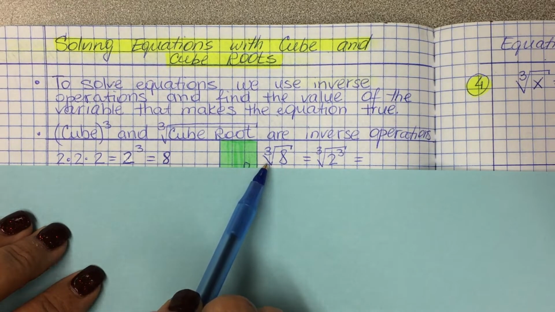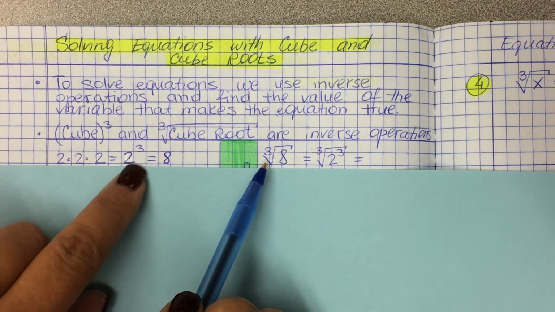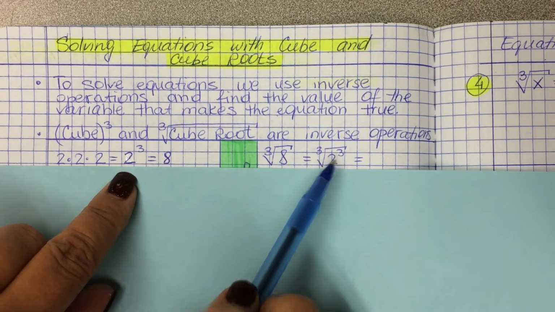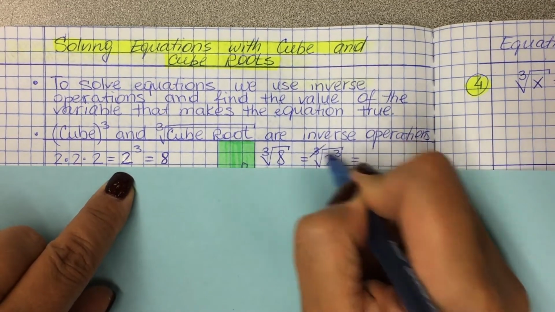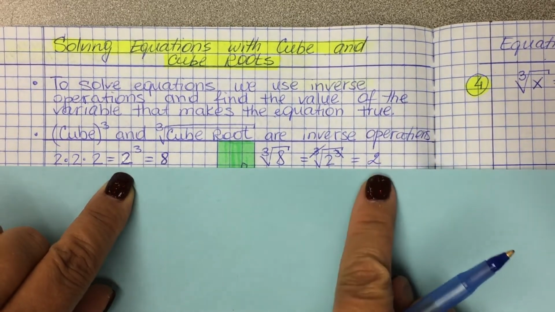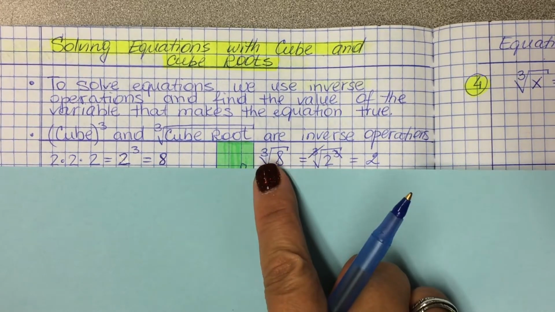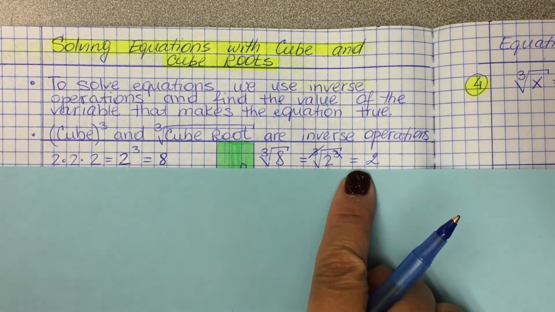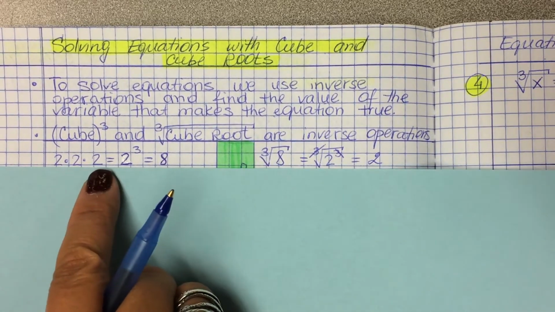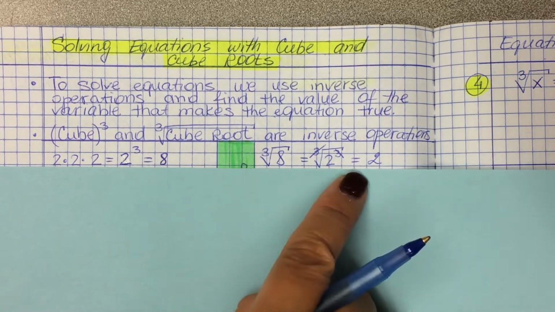So the cube root of 8 can be written as the cube root of 2 cubed, which is the same as 8, but then cube root and cube are inverse operations. They cancel each other, therefore the value will be 2. So the cube root of 8 is 2. Why? Because 2 times 2 times 2 is 8. Cube root of 8 is 2.